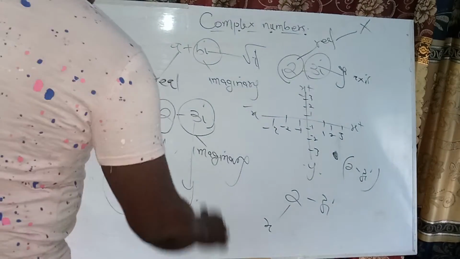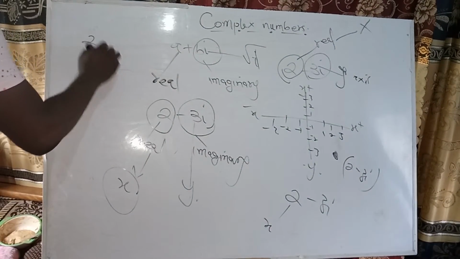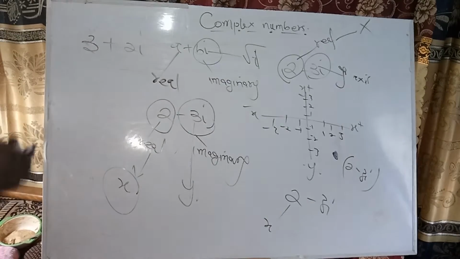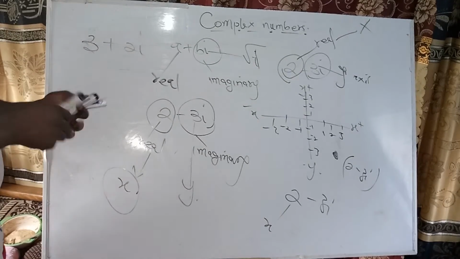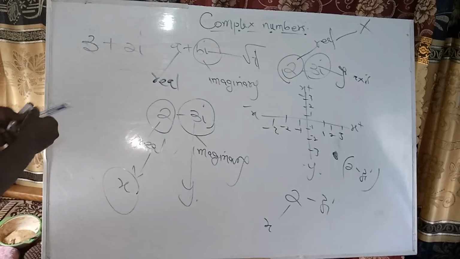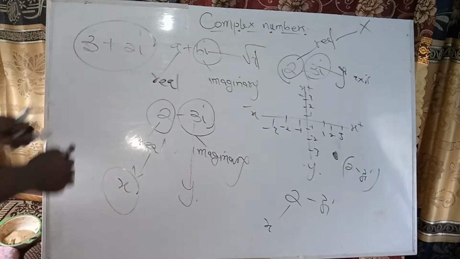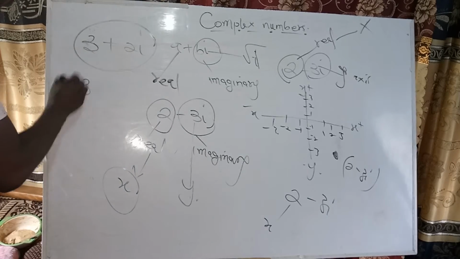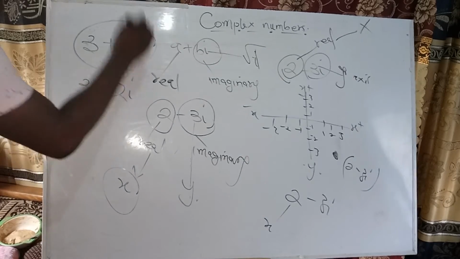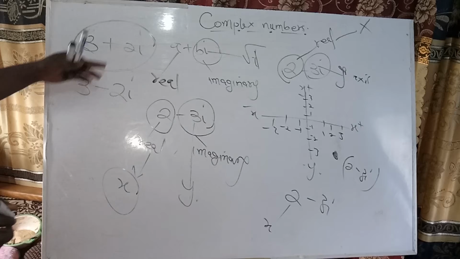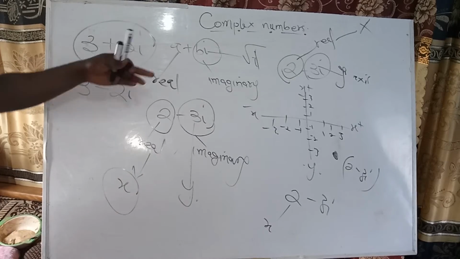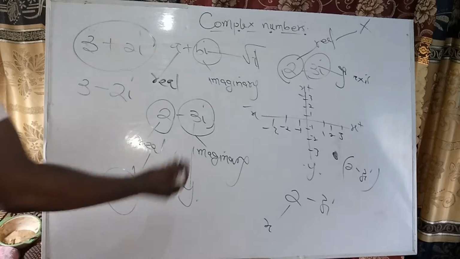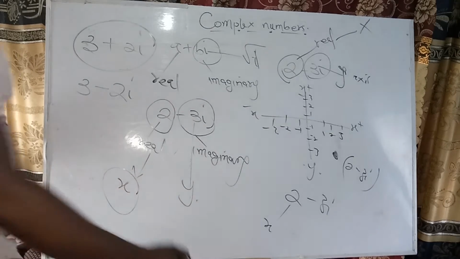So for example, when we have 3 plus 2i, and they say I should find the conjugate of 3 plus 2i, the conjugate of this will no more be 3 plus 2i, but rather 3 minus 2i. Finding the conjugate is just, when it is positive, you make it negative, and when it is negative, you make it positive.